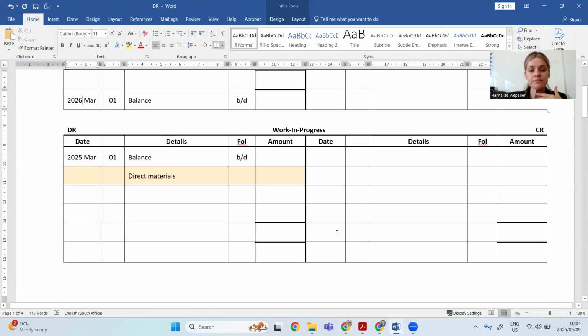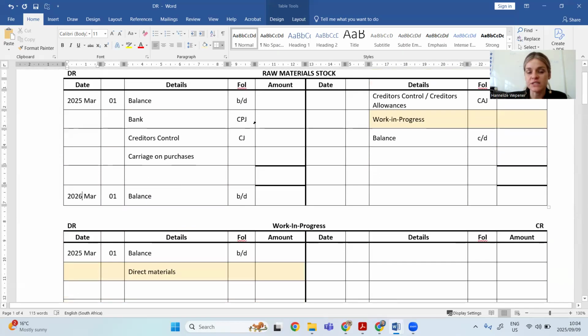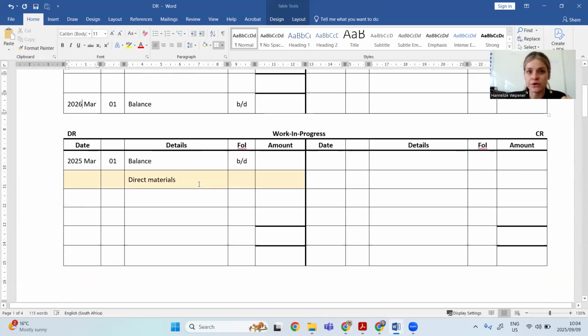Then work in progress. We don't only need the stuff that we started working on in the previous period, or the new direct materials or then raw material stock that we issue to work in progress, because we need people to actually make these things.